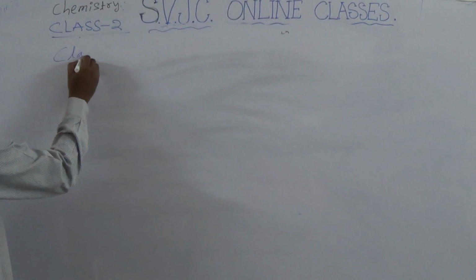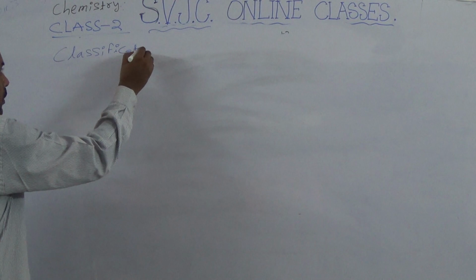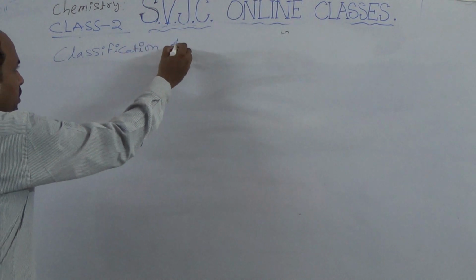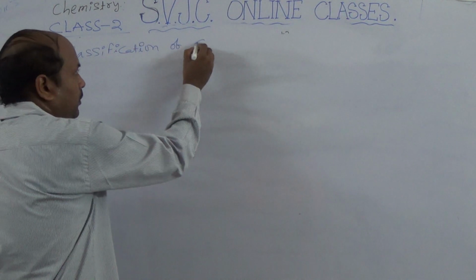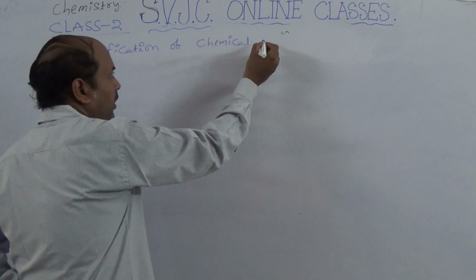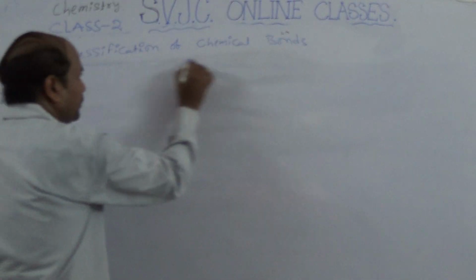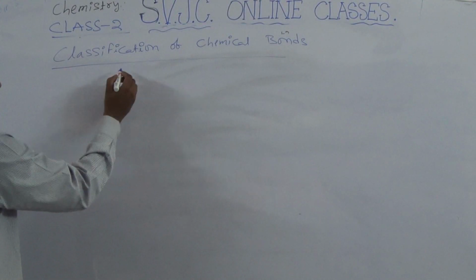Okay, students. The next topic is classification of chemical bonds. Here, chemical bonds are of two types.